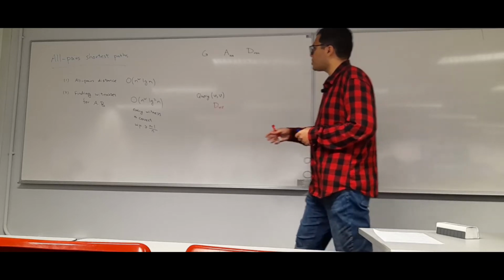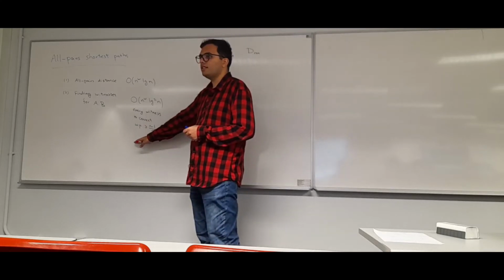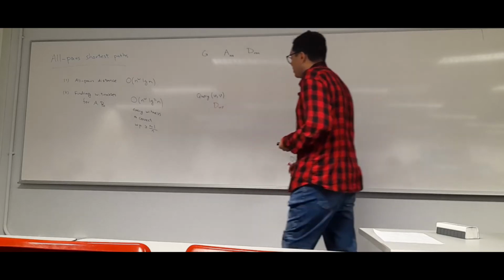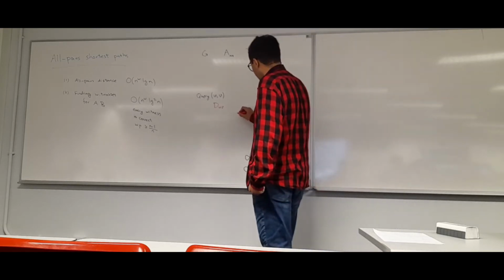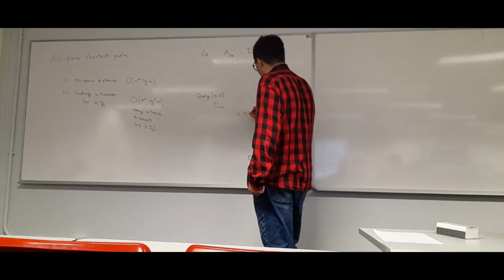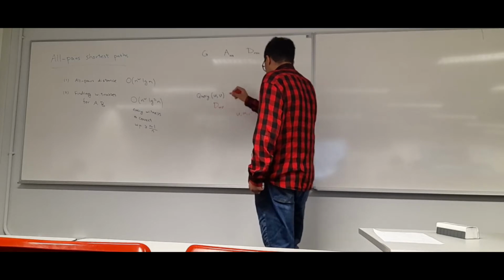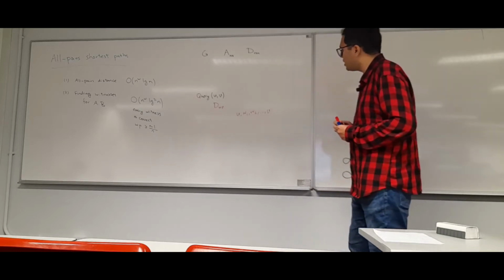So I want to somehow reduce this problem to the problem of finding witnesses here in Boolean matrix multiplication. So what do I want to do? Let's say I want to start from vertex U, and then maybe I want to go to another vertex W1, then W2, and so on. And then eventually I want to go to vertex V, right?